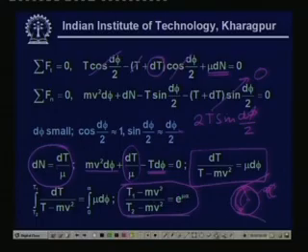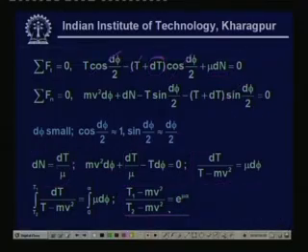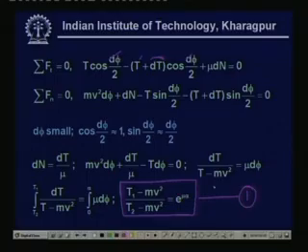Please note that what has been underlined over here in this equation is one of the very important equations. So, this relates, you can see, the tension, the belt material, the belt speed, the coefficient of friction and the angle of wrap, that means how much angle the belt is having in contact with the pulley.